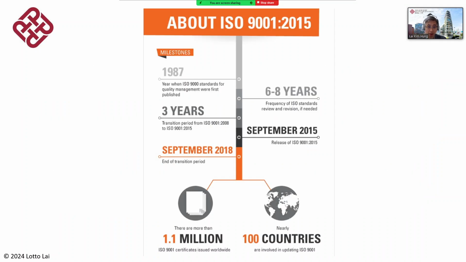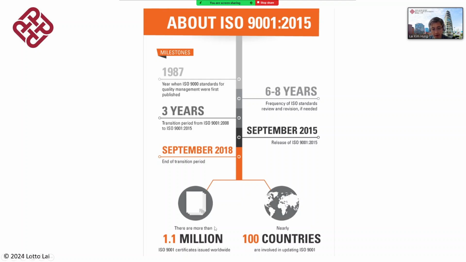So this is some background information about ISO 9000 in the 2015 version. There are several milestones. In 1987, ISO 9000 started. Three years later, there is a transition period, because previously we used the old version, and now we have to release the new version. But this year, we have the ISO standard amendment, and we will involve climate change inside.